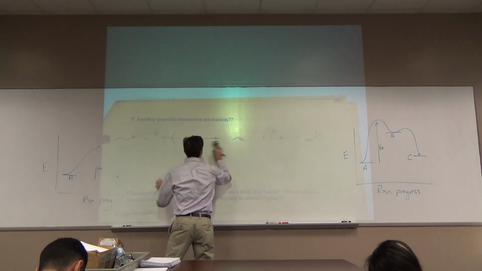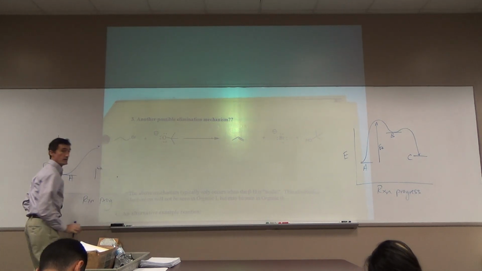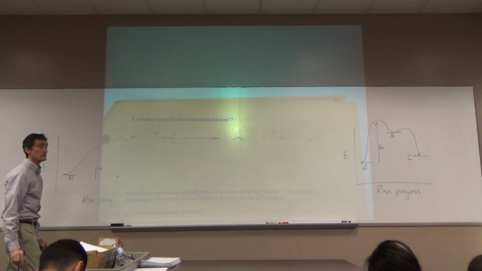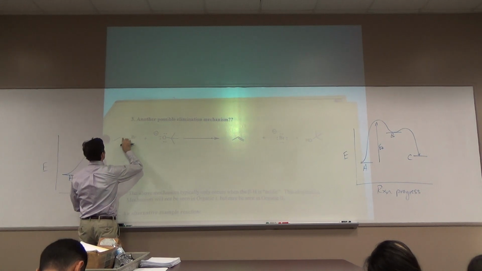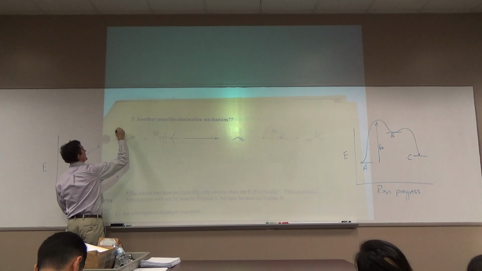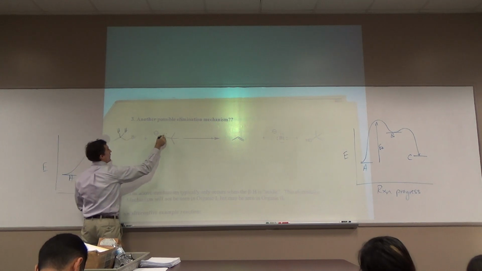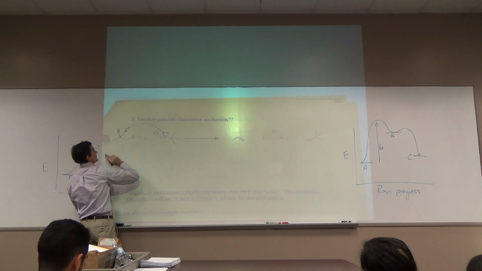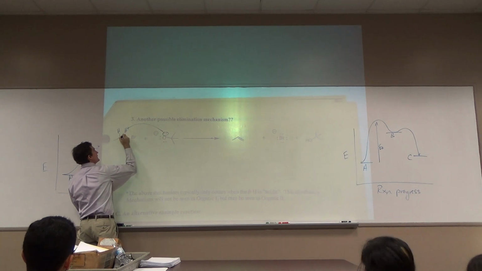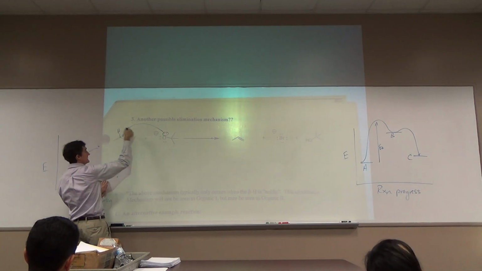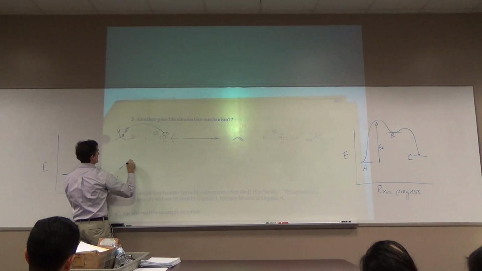Another possible mechanism? The hydrogen is taken first. What if these electrons just take the H and we just leave those electrons there like an acid, a typical acid-base reaction?